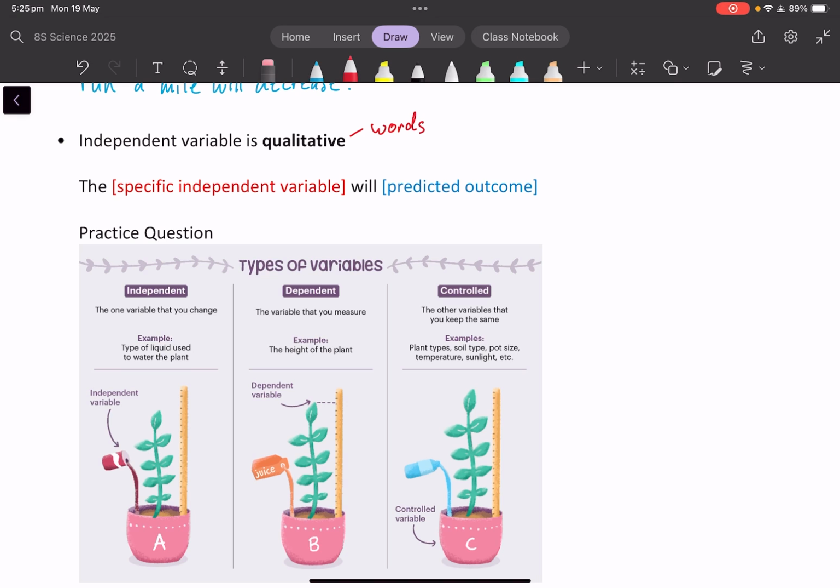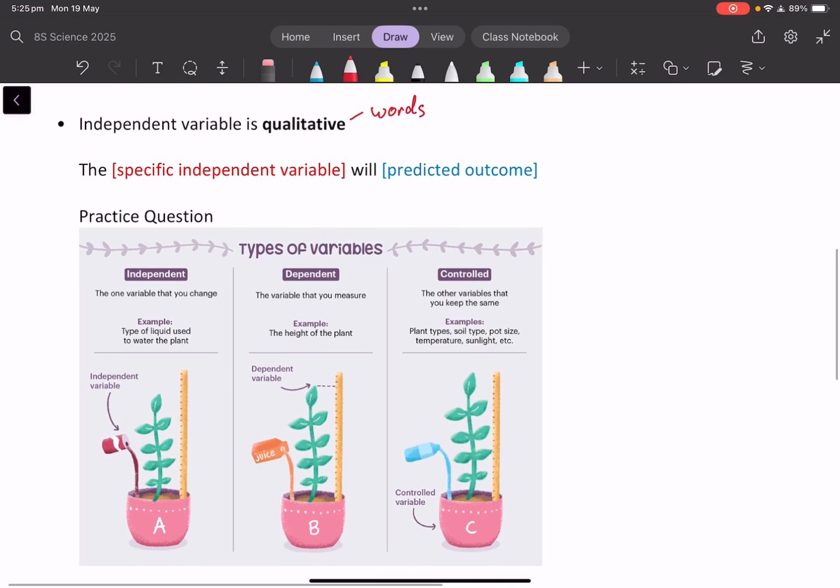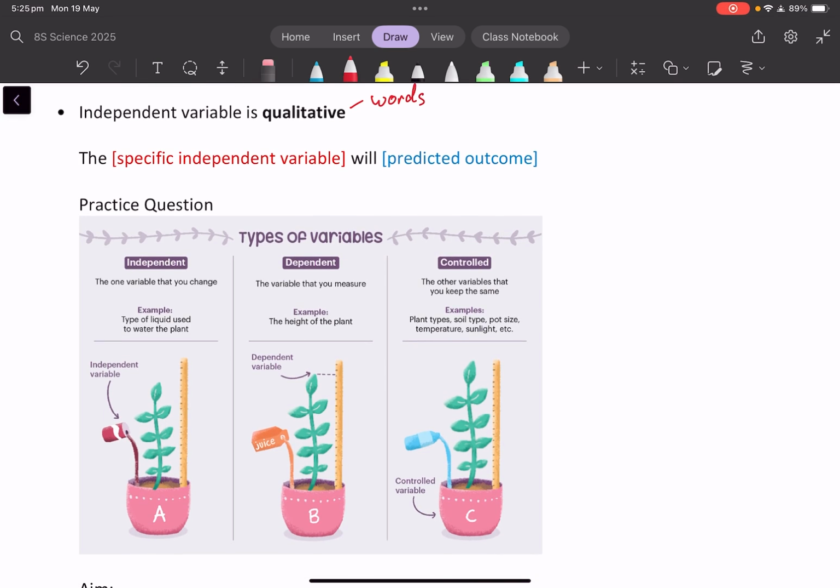If I wanted to measure the type of liquid, well, the type of liquid is a word. So qualitative involves words, and that will use a slightly different formula, as it shows you below: insert your specific independent variable, then insert some predicted outcome.